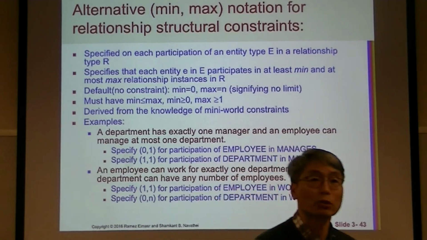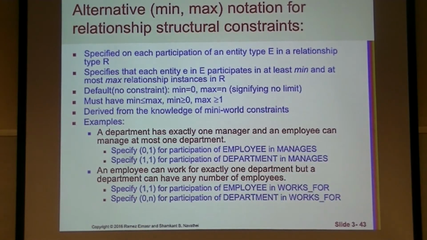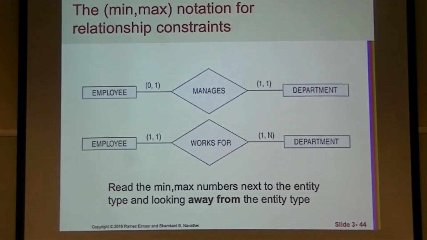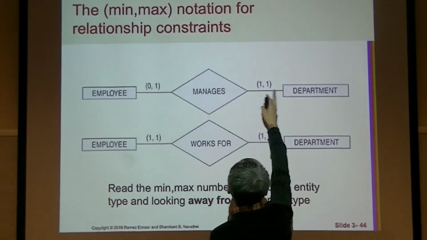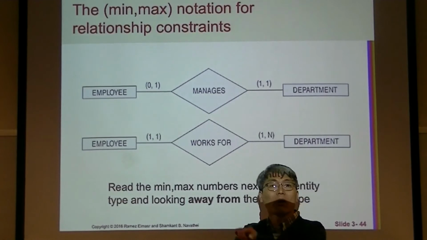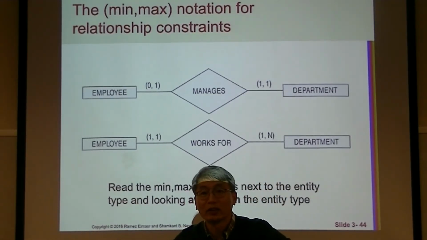So using min-max notation, we can specify more detailed requirements of the relationship. For example, here it was one to one: one manager, one department. But in min-max notation, the employee side 0,1 means minimum 0, maximum 1. Minimum for each employee is 0 department manager, since a lot of employees are not managers.